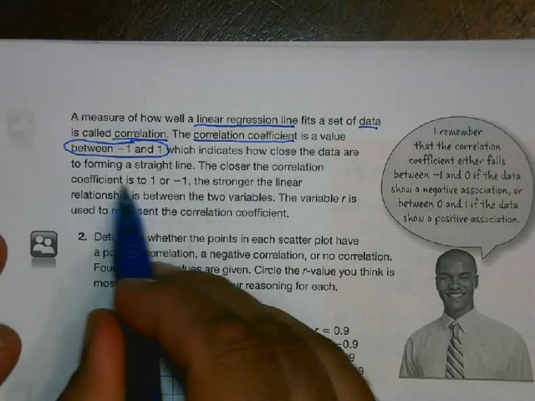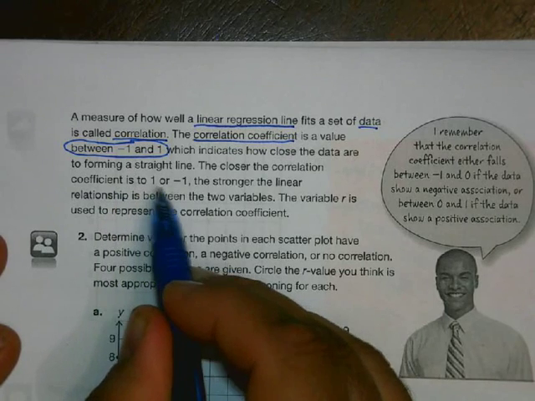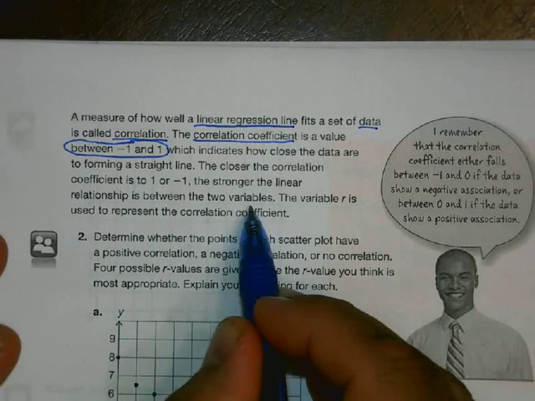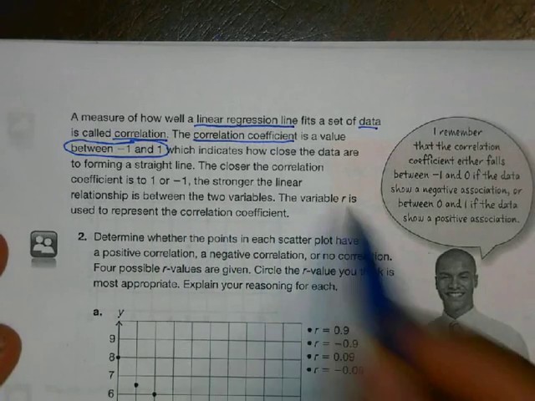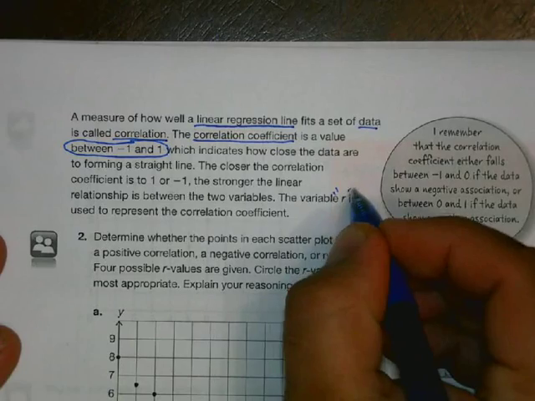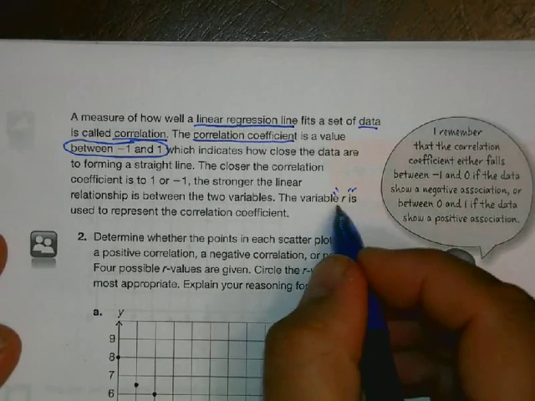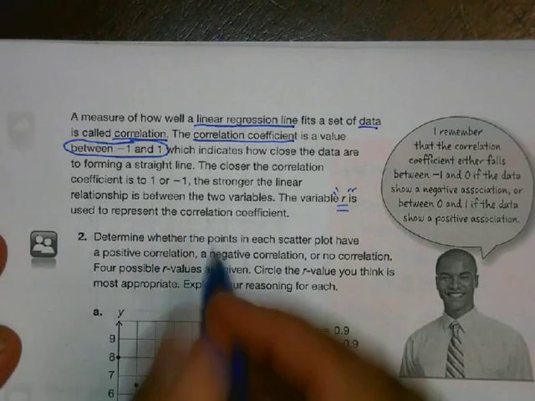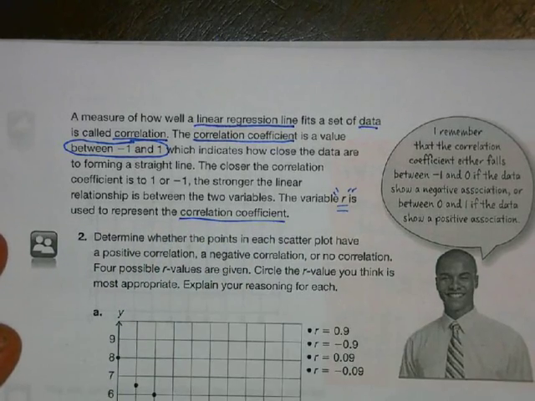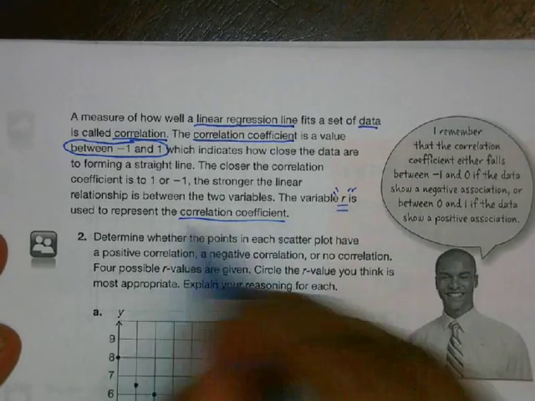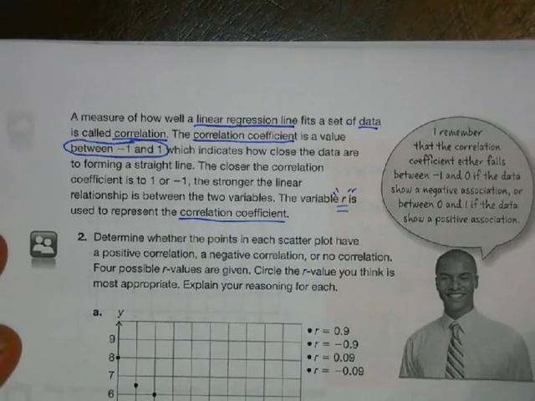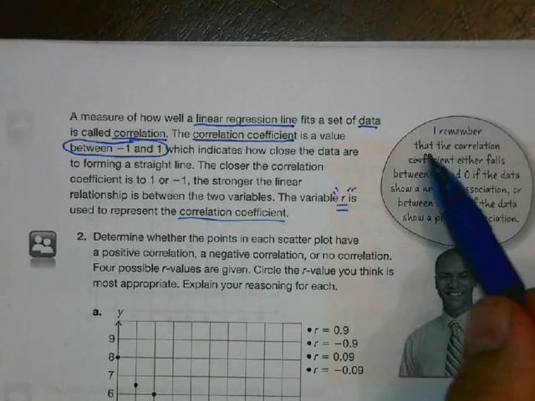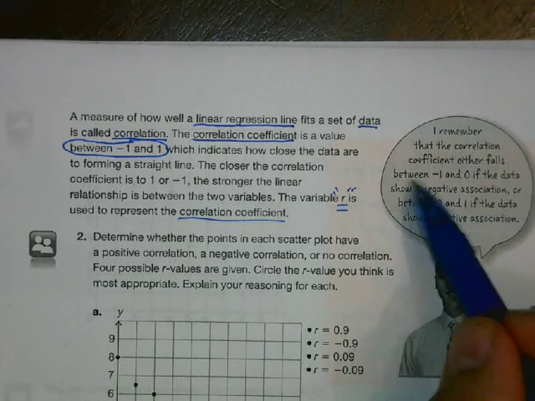The tutor here on the side says, I remember that the correlation coefficient either falls between -1 and 0 if the data shows a negative association, or between 0 and 1 if the data shows a positive association. Well, let me help you visualize that really quick. So what he's talking about, if we have a negative correlation on a graph, let's say we got data.